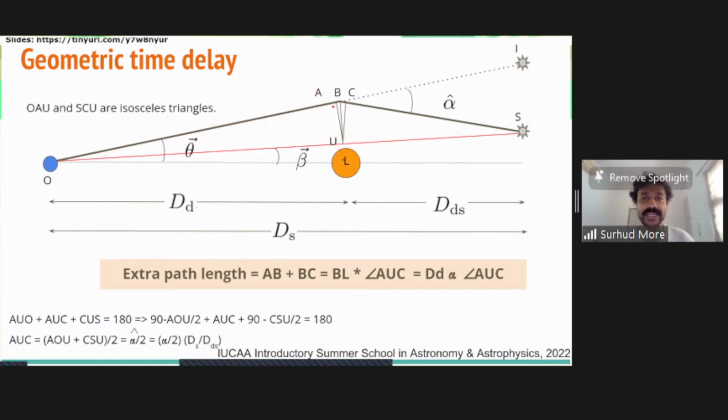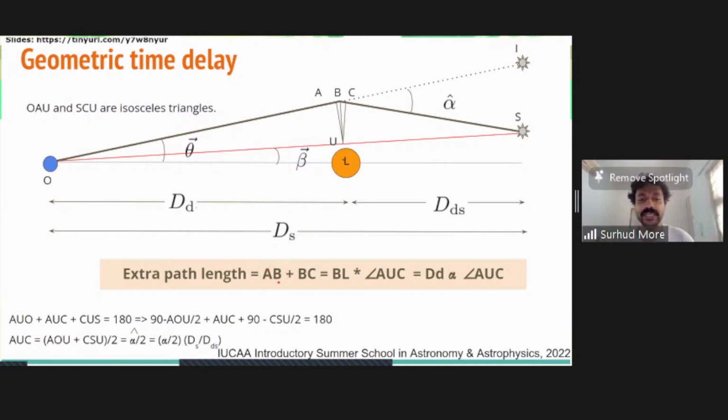These angles should be exactly equal because this is an isosceles triangle. And the extra path length that you have will just be equal to AB plus BC because the rest of the path, CS, is the same as US and AO is the same as UO. So the extra path length introduced is this path length here, A to B plus B to C.